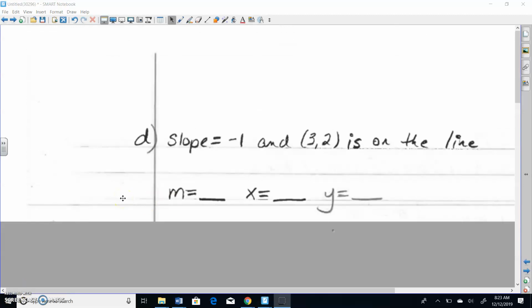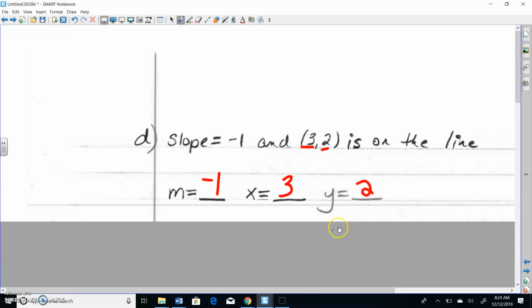For the next problem, we use -1 because m represents the slope. And what value are we putting in for x? The x-coordinate of our point, which happens to be 3. And what value are we using for y? 2, which is the y-coordinate of the point given.